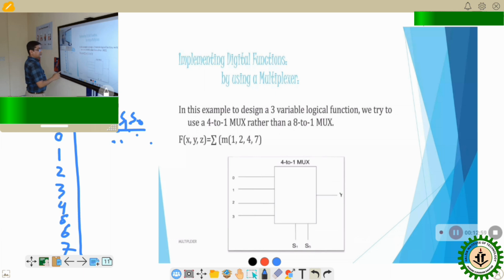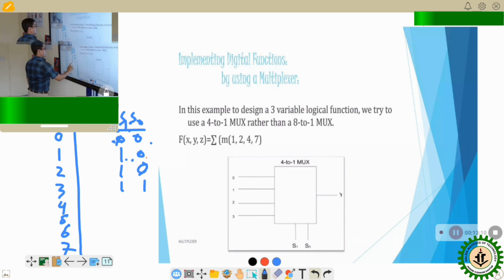So for S0 S1 we write 0 0, 0 1, 1 0, 1 1, and S2 will be there.